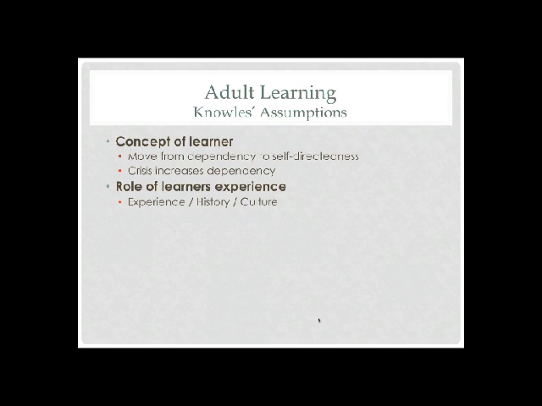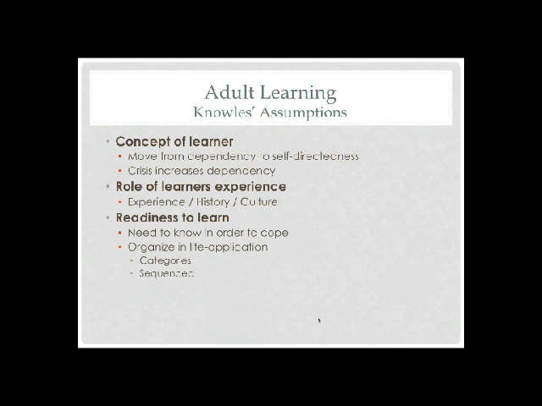They also looked at the role of learners, the fact that we come from our experiences, what our basis is, what we know, our history, our culture, language, which is a huge piece of what we end up dealing with. You know, looking at our history with healthcare.